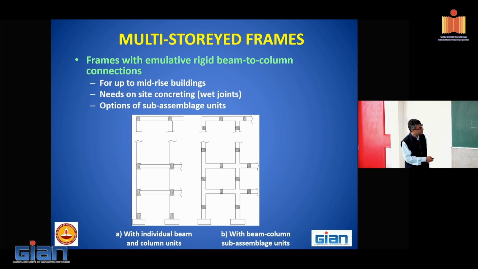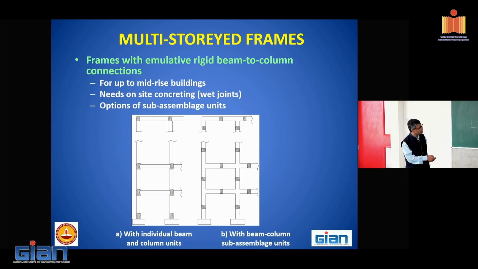And that's where we are targeting that the beam at the column junction be made with wet concrete. This is the technology which BG Shirke or Precast India Infra are going with. They are saying that this is what we are familiar with in India, and we will go by this. That means it's a mix of precast and cast in place concrete, which gives this emulative type of connection.